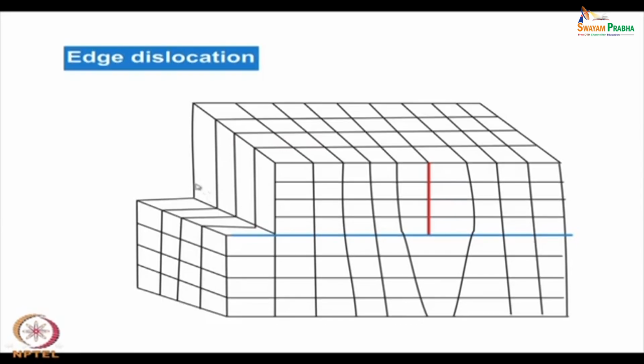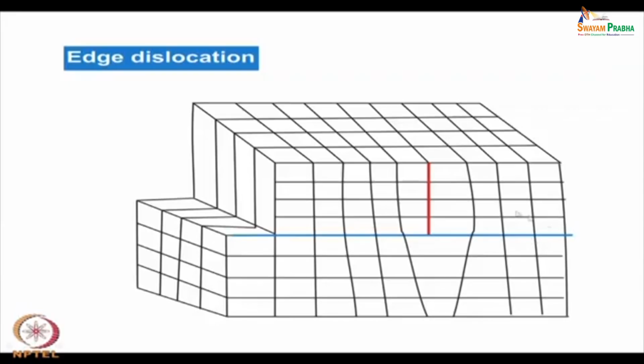Each of the atoms originally on this edge has moved one interatomic distance, whereas on the right side there is still no movement. So, there is a boundary where the atoms have moved and the rest of the atoms are still intact where they were originally situated.